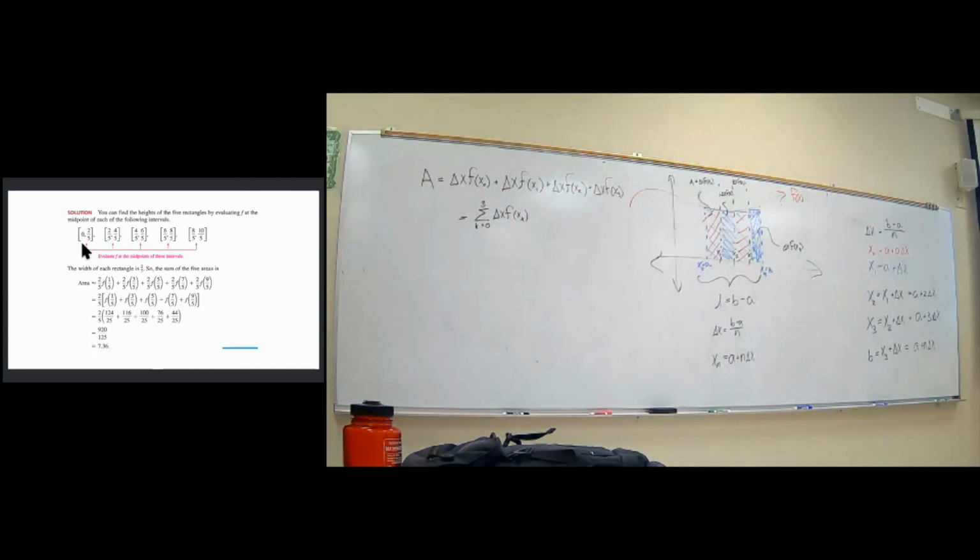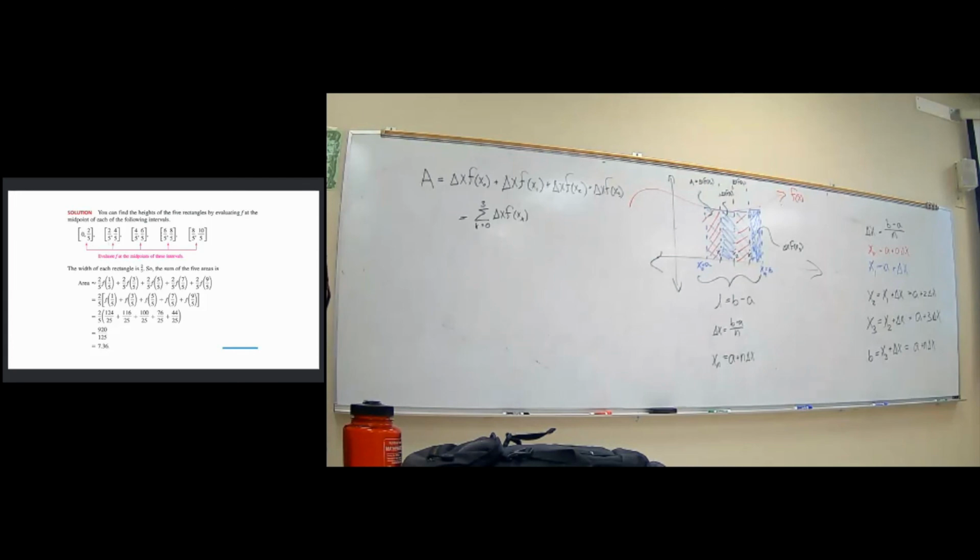Because we're breaking it up into 5 rectangles, and we're going from 0 to 2, we're going to have 0 to 2 over 5, 2 over 5 to 4 over 5, and so forth, right? Because delta x is just going to be 2 minus 0 divided by 5. So your first value is going to be 0, plus 2 minus 0 divided by 5, that's just 2 over 5, and so forth. Then we're going to pick the middle point of each of these intervals. That's going to be the value you throw through your function.